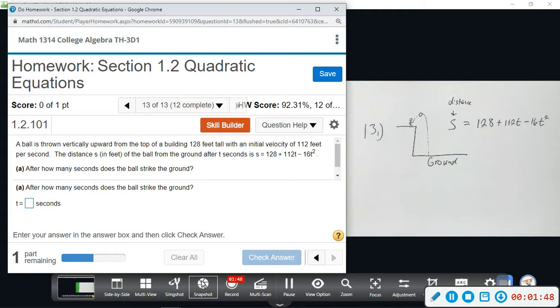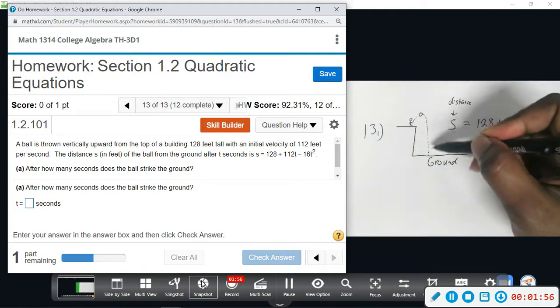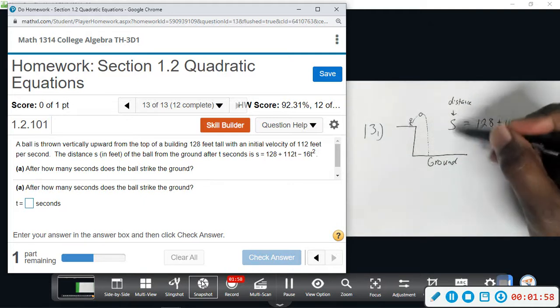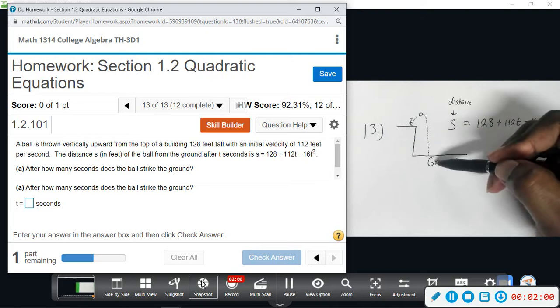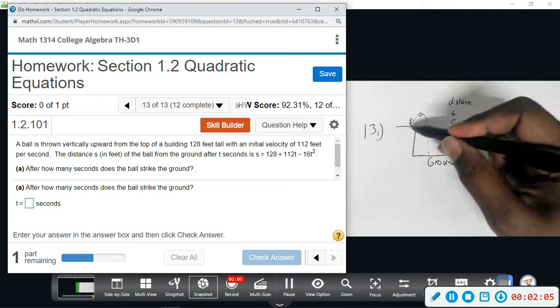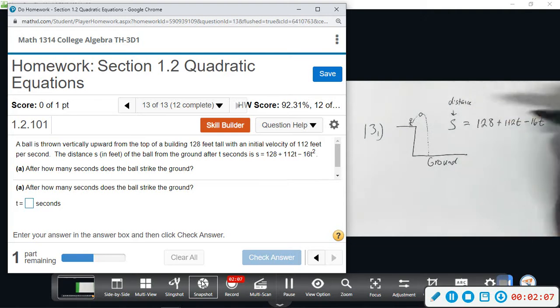And we're told t is time in seconds. And we want to know, when does this ball hit the ground? Well, when the ball hits the ground, it will be at a height of 0. So the distance from the ground, because S is distance in feet the ball is from the ground. So when the ball is actually on the ground, it will be at a height of 0.